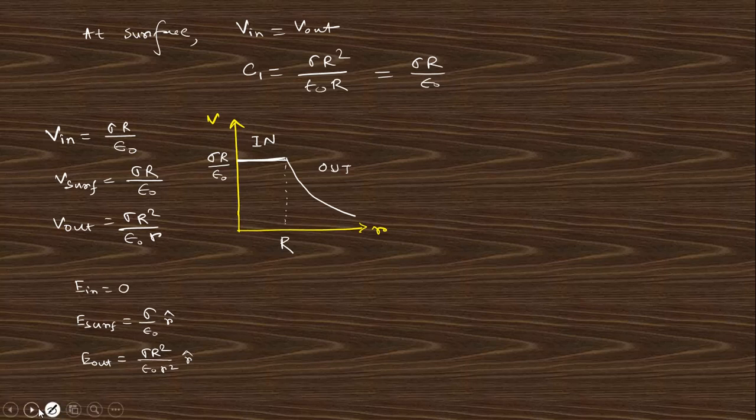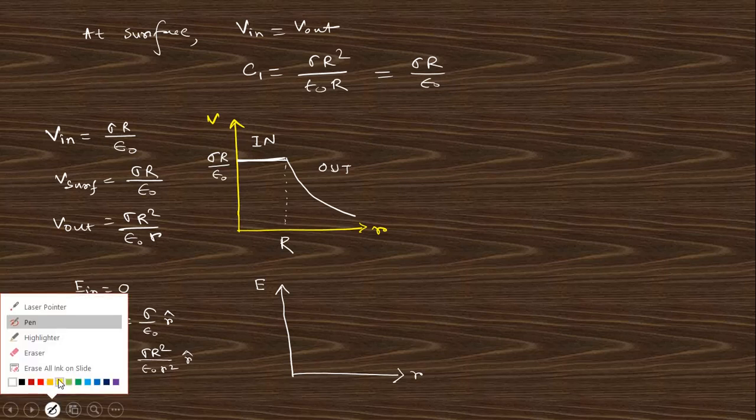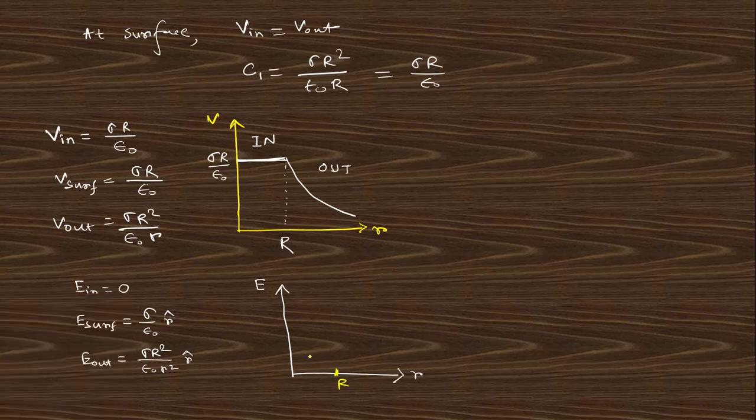So if you draw the curve of the electric field with respect to r, up to capital R this will be 0. At the surface this is sigma by epsilon naught, and then with increasing r it reduces as 1 by r square.